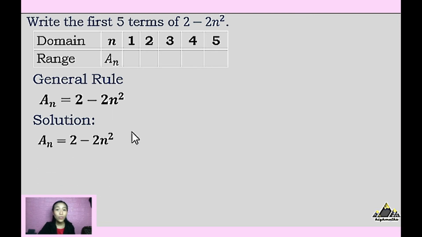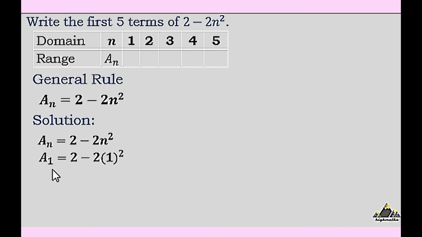For our solution, we will use our general rule and substitute the values 1, 2, 3, 4, 5 to obtain our first 5 terms. Substituting 1 to the variable n, we have a sub 1 equals 2 minus 2 quantity 1 squared. Take note that our power, or our exponent 2, is only for the variable n.